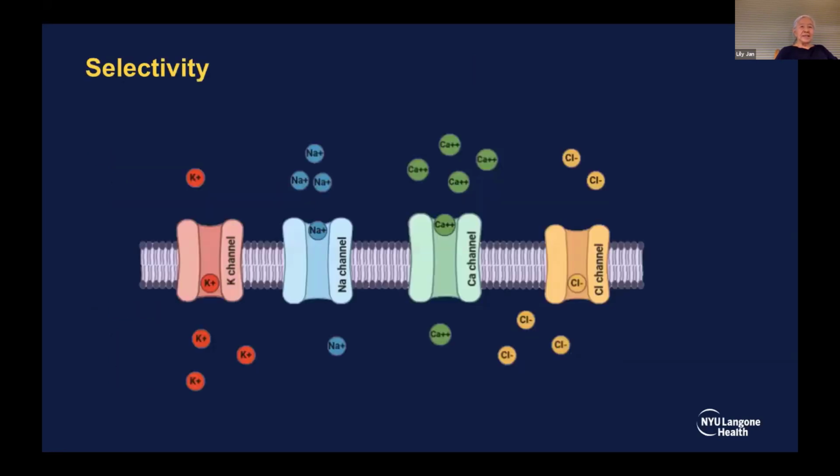And so, as I mentioned before, we have these different channels that are fairly selective to different types of ions. There are also channels, for instance the ligand-gated ion channels, that may permeate both sodium and potassium, so they are not very selective, and they often are referred to as non-selective cation channels.